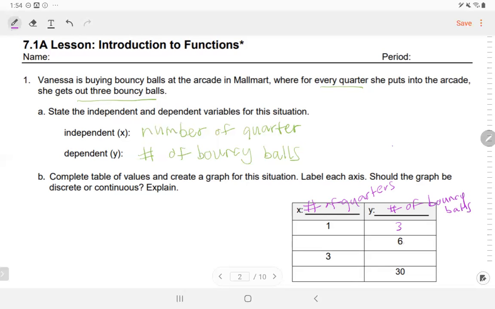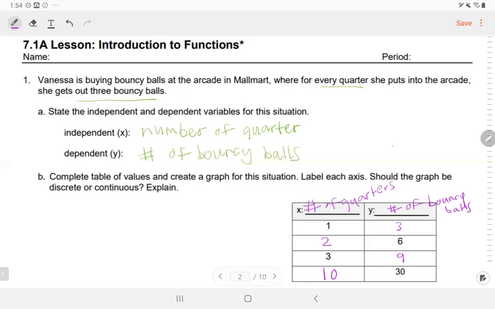If we get 6 bouncy balls, we know we put exactly 2 quarters in. If we put 3 quarters in, we get 9 bouncy balls. If we got out 30 bouncy balls, then we can just backtrack and say we get 3 bouncy balls for every 1 quarter, so we would have to put 10 quarters in to get 30 bouncy balls.